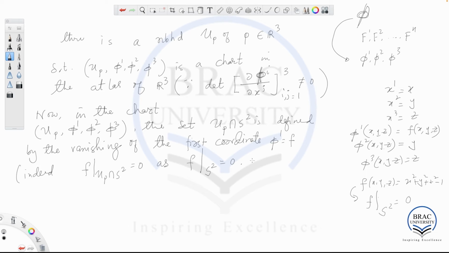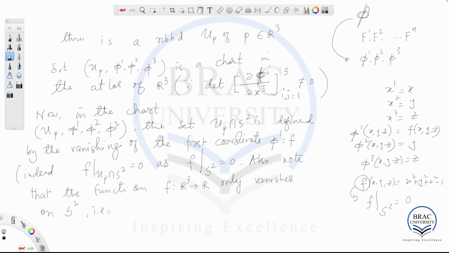Okay, and also note that the function f from R3 to R, this f is originally defined on the whole of R3, and this function only vanishes on the two-dimensional sphere S2.